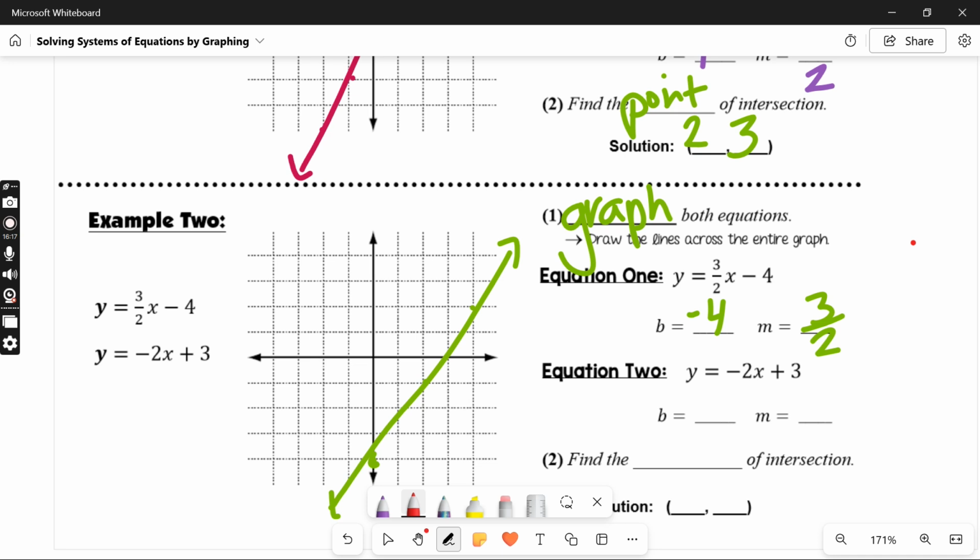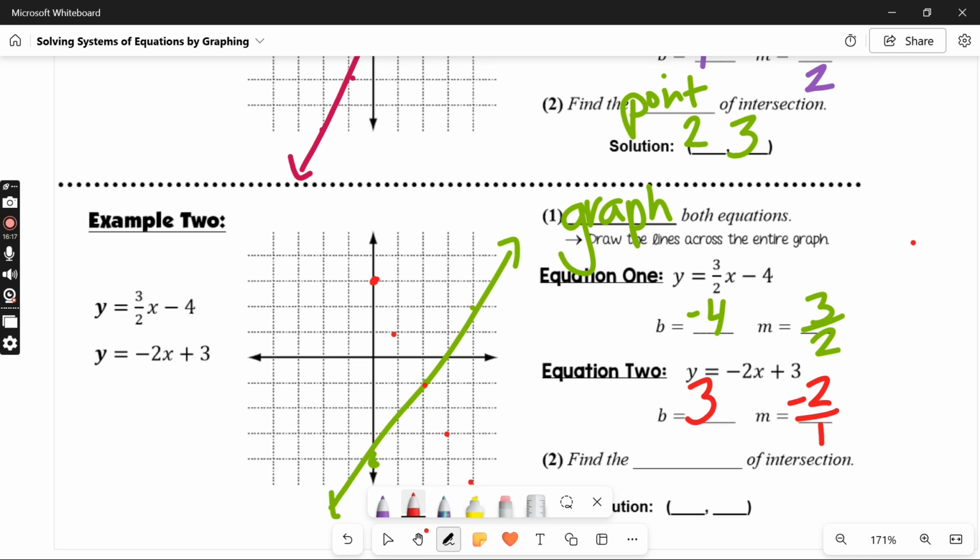On equation 2, we have y equals negative 2x plus 3. My y-intercept is 3. My slope is negative 2, and as a fraction, this would be over 1. So I'm starting here at 3, and then from that, I'm going down 2, right 1 as many times as I can. Oh, that's the wrong spot.